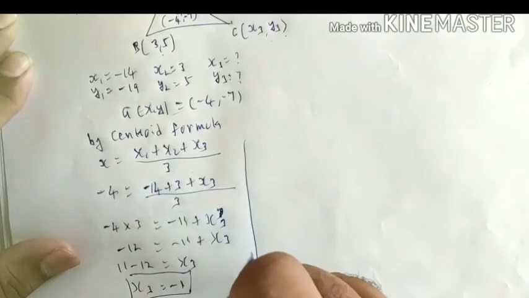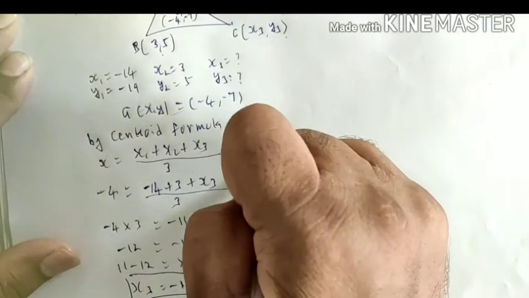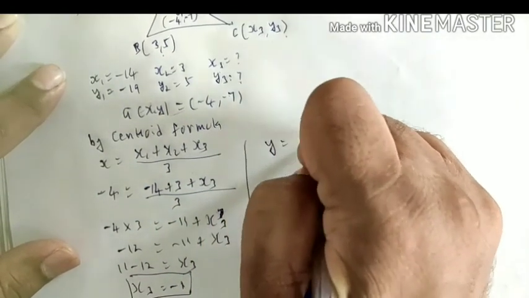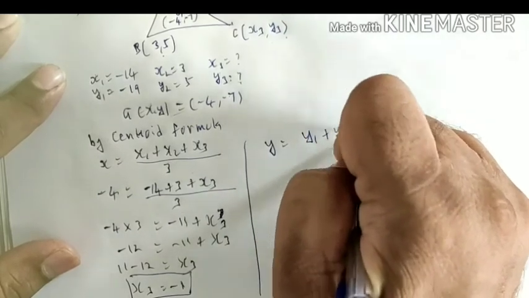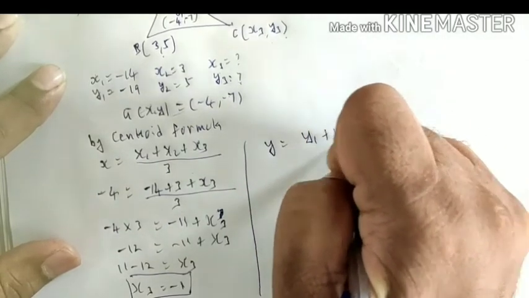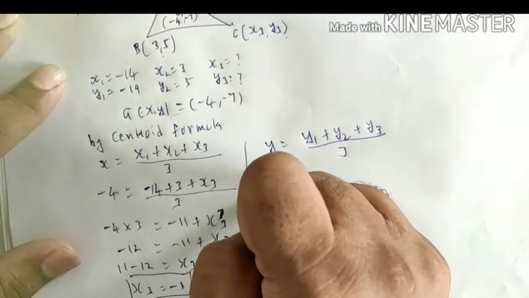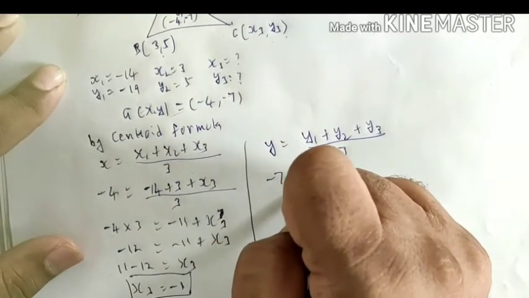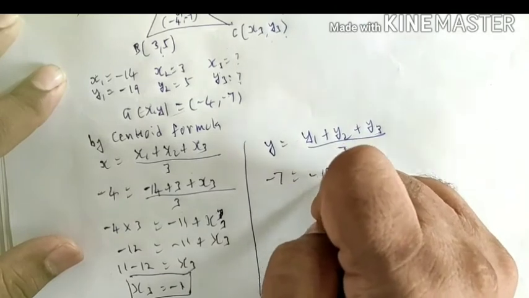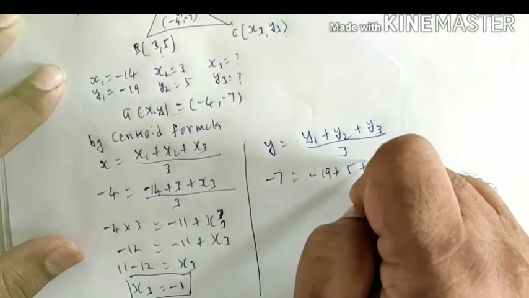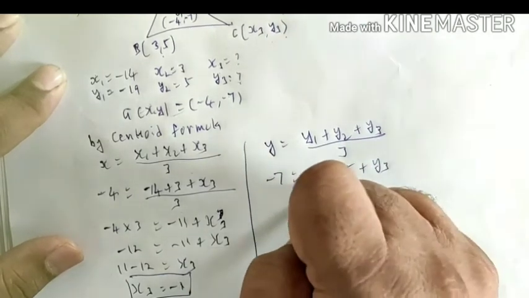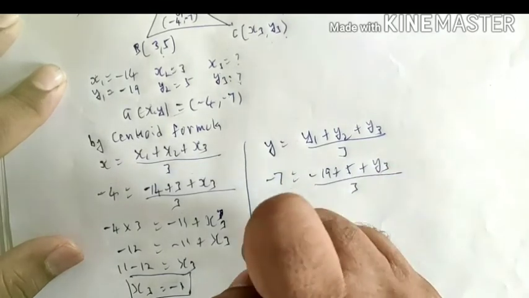In the same way, by centroid formula we get y is equal to (y1 plus y2 plus y3) upon 3. What is the value of y? y is given how much? -7 is equal to (-19 plus 5 plus y3) upon 3. 3 coming here, what happens?